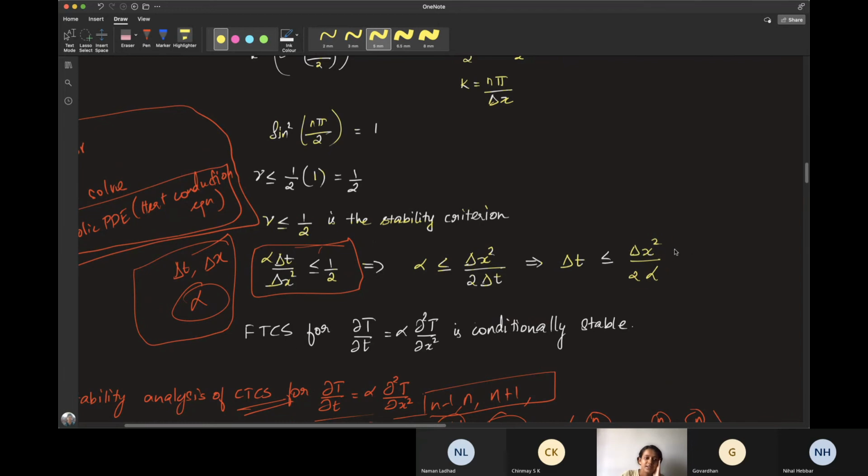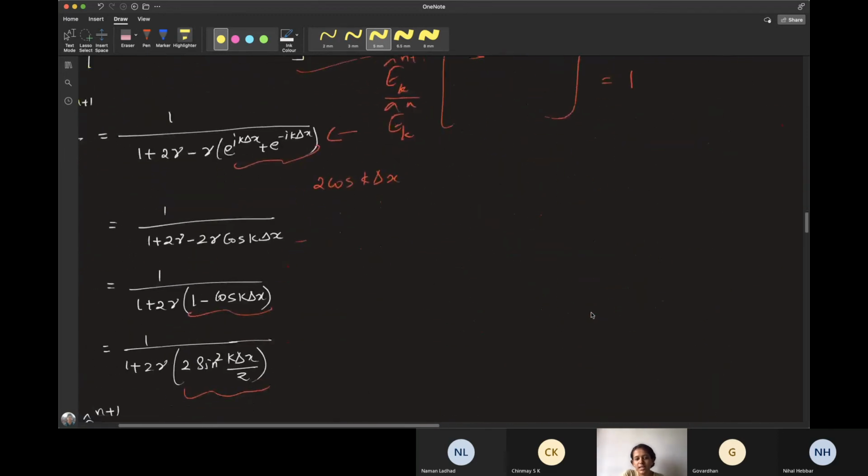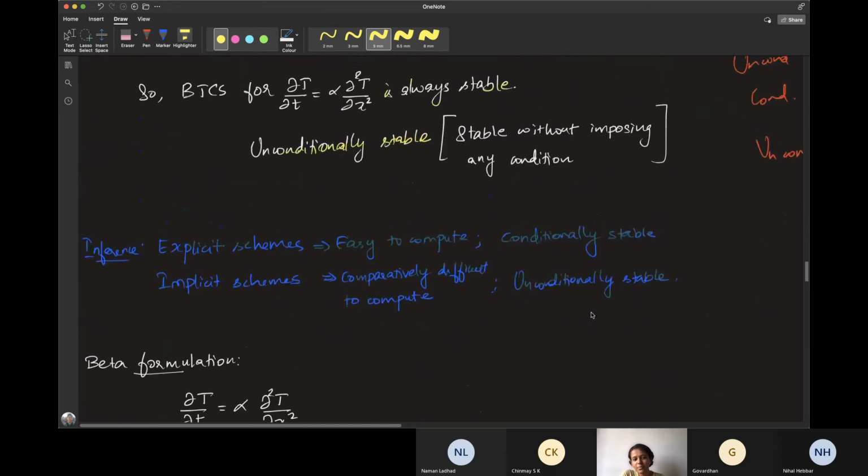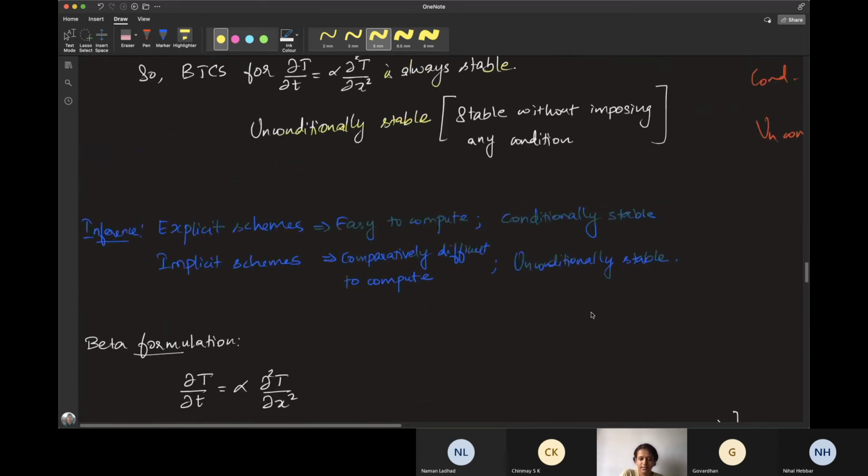If delta t is so small, then your computational time will be more, and it will take a long time for you to compute. But in the implicit case, it's not so. You can choose any delta t and finish the problem soon. These are some trade-offs between explicit and implicit schemes.